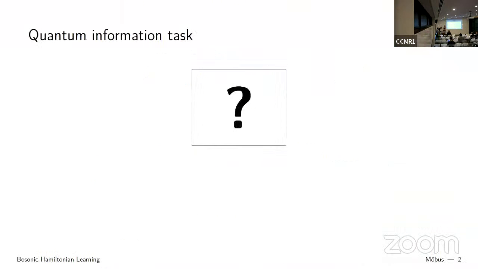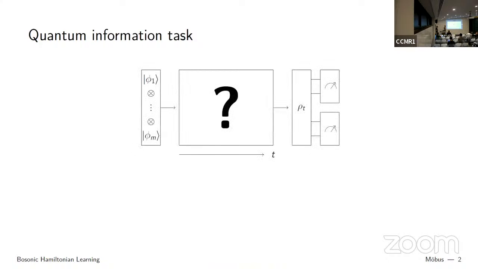So let's start with the task we are trying to solve here. We have a black box, and we want to gather information from it. The black box is a time evolution, and we have some product input states. We get a state back from this black box after some time t, which can be changed.